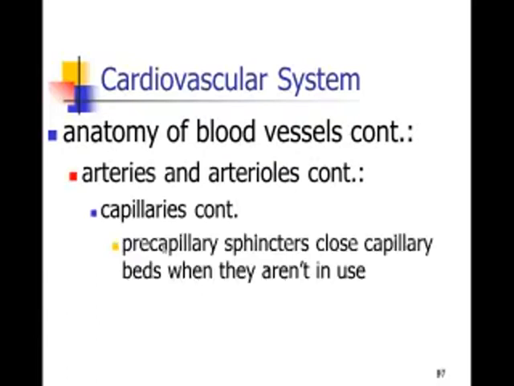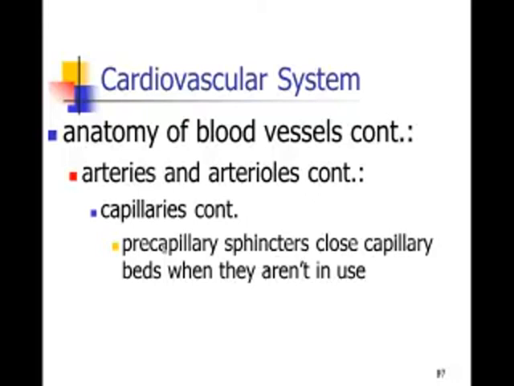Okay. So, there are precapillary sphincters. Precapillary sphincters are going to allow us to divert blood through the capillary beds or from the capillary beds if they're not in use. The way it's been suggested that these may work is that when they have adequate amounts of oxygen, they close down, and that diverts blood into areas that need the oxygen more.